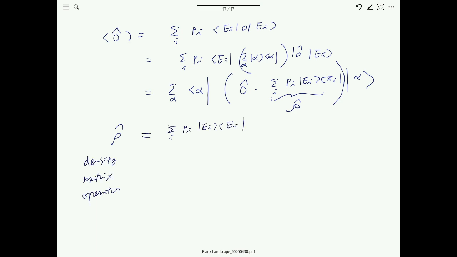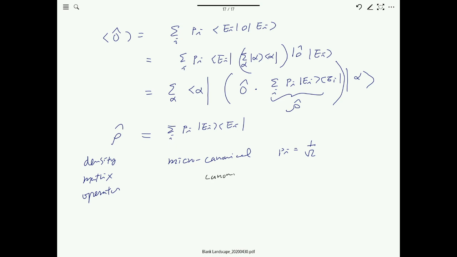So we just derived this from a microcanonical ensemble, in which case my PI is 1 over omega. But then we can generalize this to other ensembles. That's very simple.